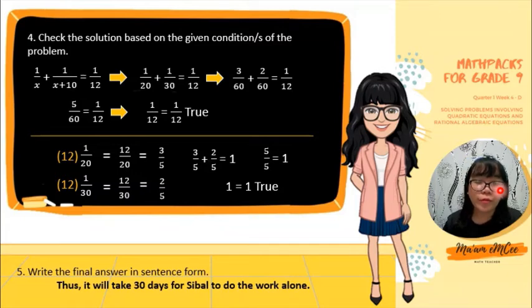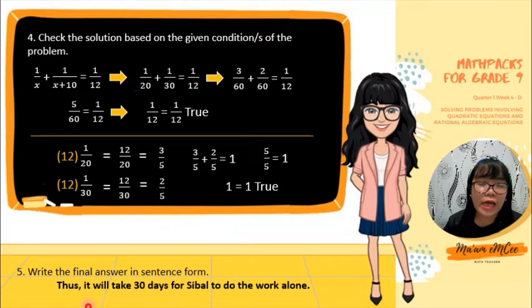So the fifth step is to write the final answer in sentence form. But let us go back first to the question. It only asked us for the total number of days it will take Sibal to finish the work if he works alone. So our final answer should focus on the number of days it will take Sibal, not Jackson.